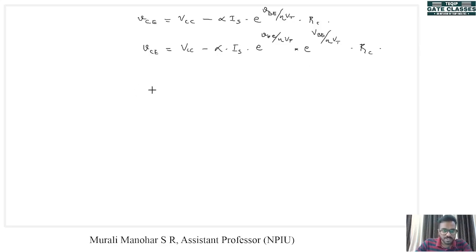Now we can approximate e to the power vbe divided by eta VT to 1 plus vbe divided by eta VT, because vbe is a small value.